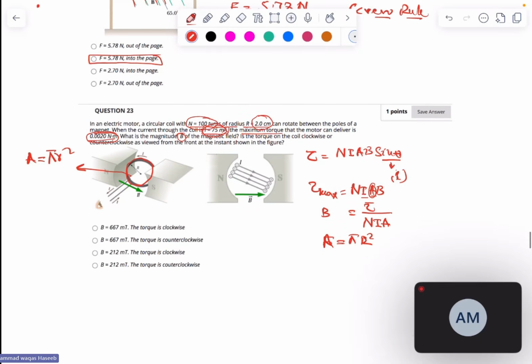Just substitute the values and you will get your answer, which is 0.212 times 10 to the 3 Tesla.